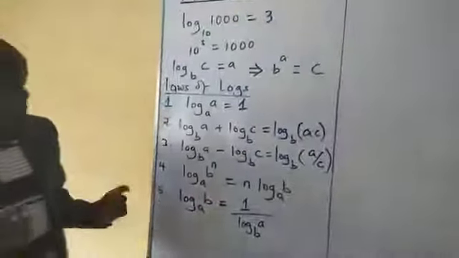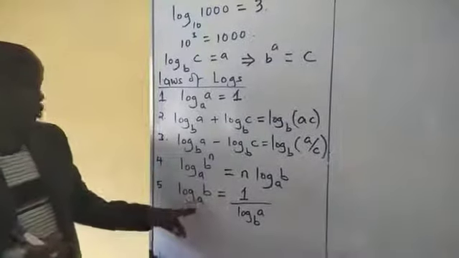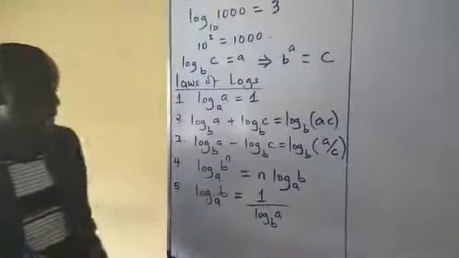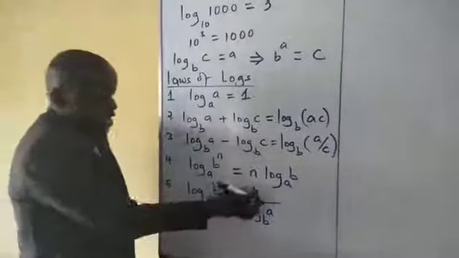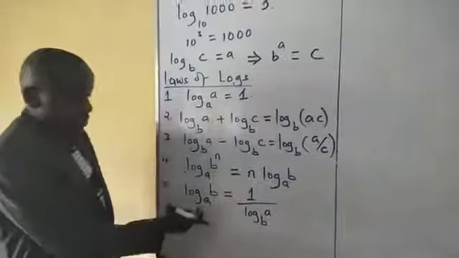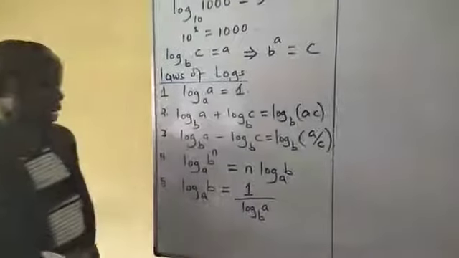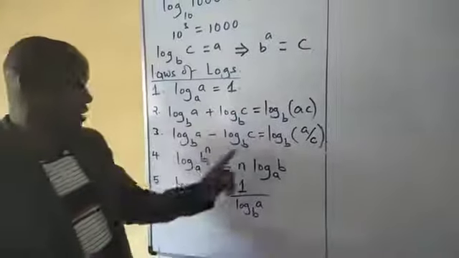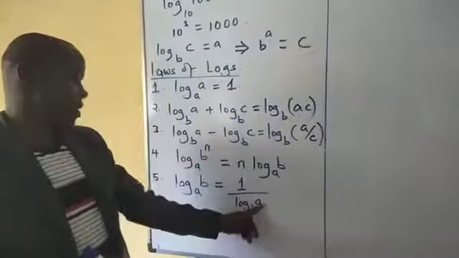Therefore, when we have the logarithm of a number to a given base, let's say log b to base a, then when we take the reciprocal of this, the number and the base swap, and therefore if it was log b to base a, it now becomes log a to base b.